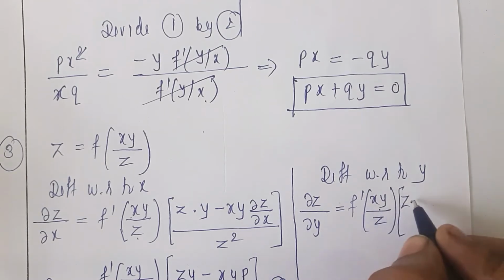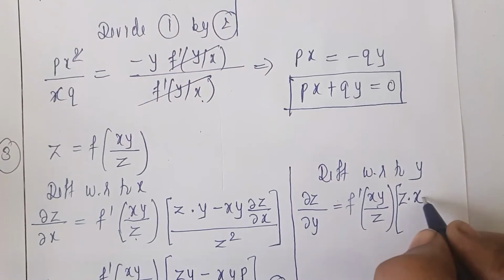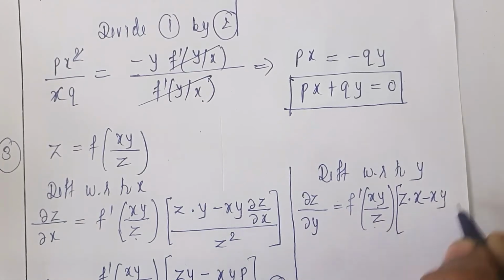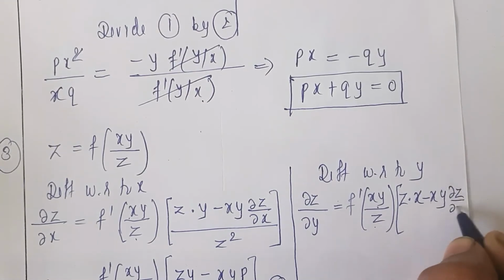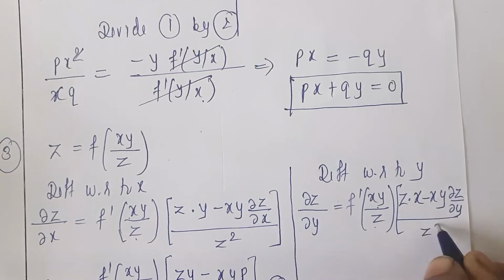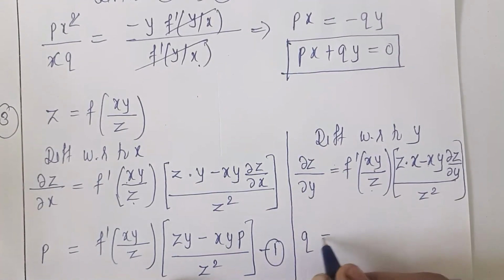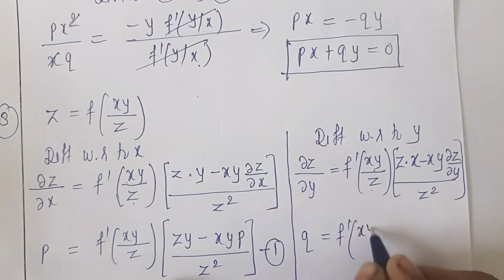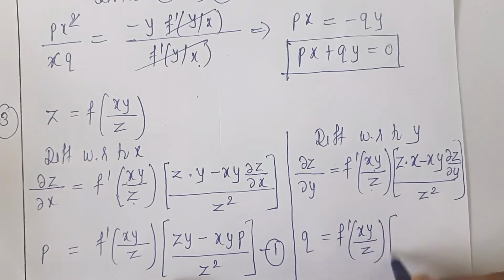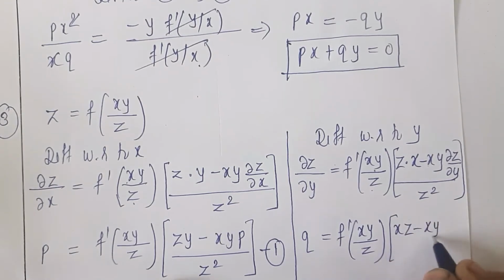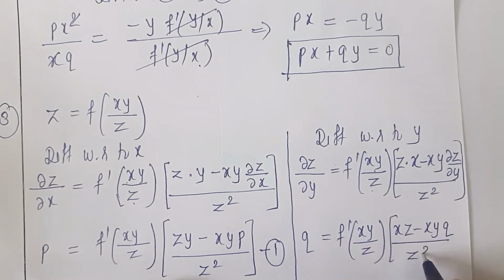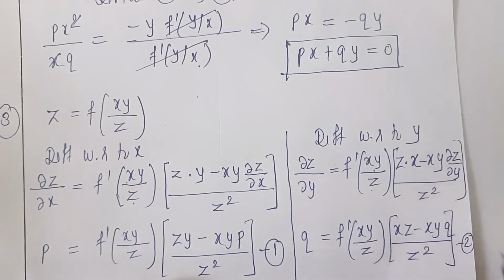The derivative of y is 1, so here it is x, minus xy multiplied by the derivative of z with respect to y, divided by denominator square. So del z by del y, which is q, is equal to f dash of xy by z, in short you can write f dash also, xz minus xyq divided by z square. Give this as equation number 2.